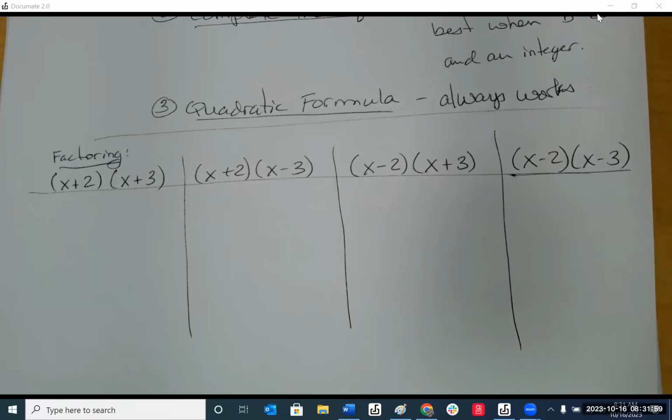X times 3 is 3x. Positive times positive is positive. 2 times x is 2x. Whenever you have coefficients, the numbers always go in front. Positive times positive is positive. 2 times 3 is 6. There are our 4 terms.